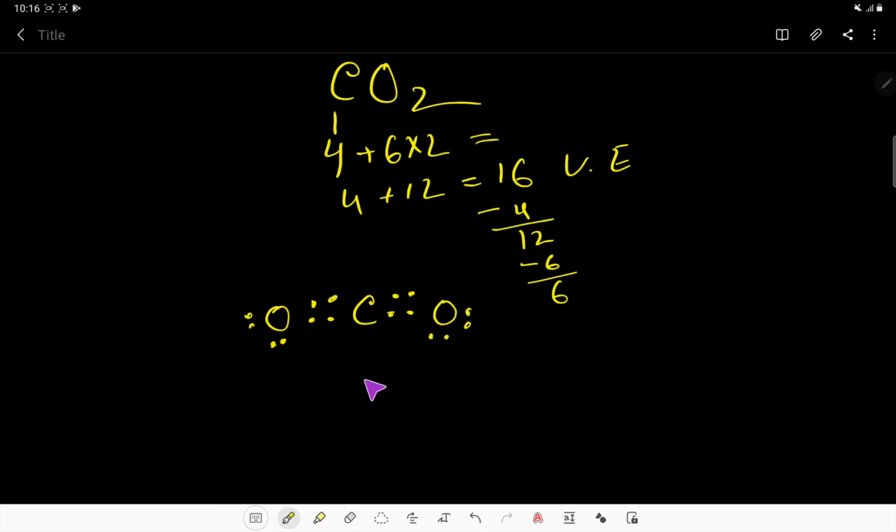So basically, one line means 2 valence electrons. So here we have to write 2 lines. Then we can place the valence electrons anywhere, right? It is better to write here because it looks good, right? So this is the Lewis structure of CO2.